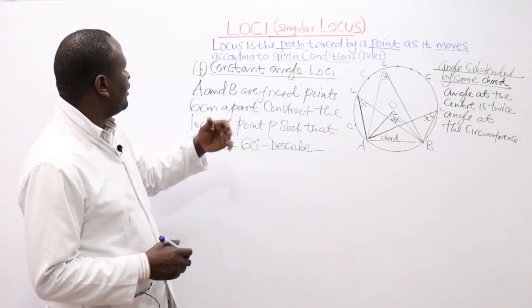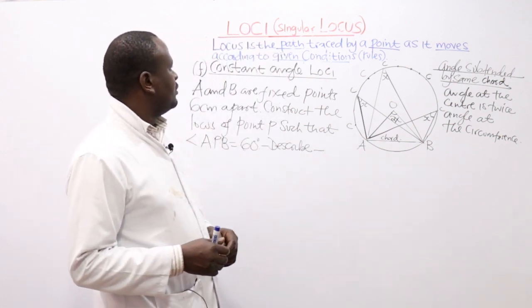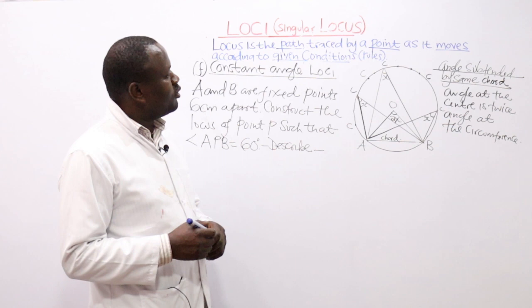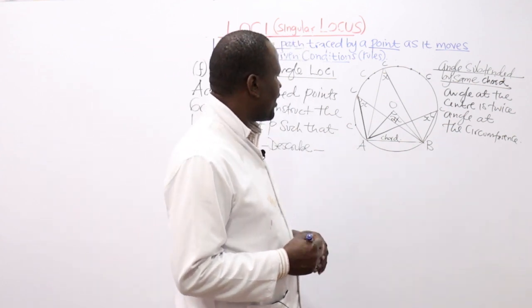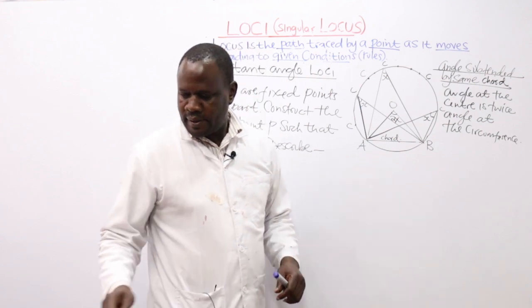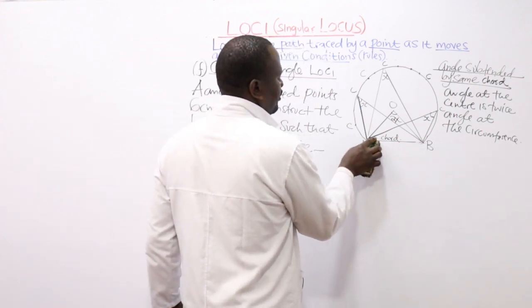So let's look at the constant angle loci. Now, in the constant angle loci, what we mean is if we have a chord AB, let's ignore this arc.